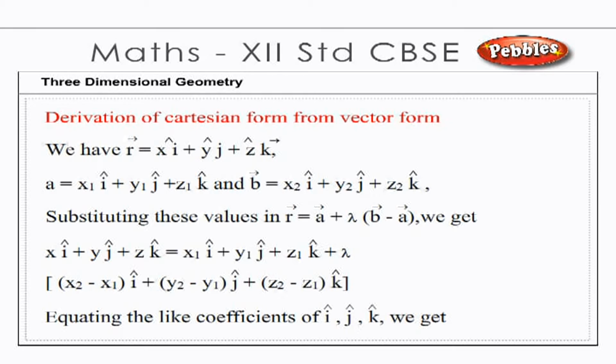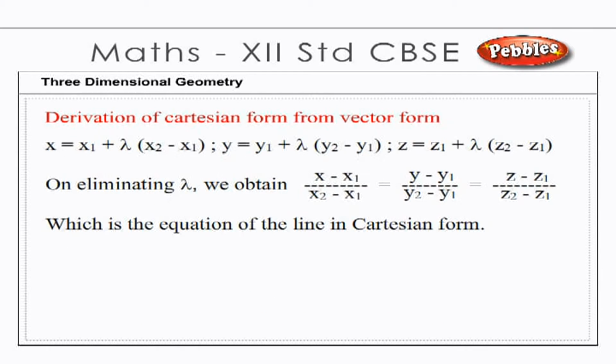Equating the like coefficients of i cap, j cap and k cap, we get x is equal to x1 plus lambda into (x2 minus x1), y is equal to y1 plus lambda into (y2 minus y1), z is equal to z1 plus lambda into (z2 minus z1).